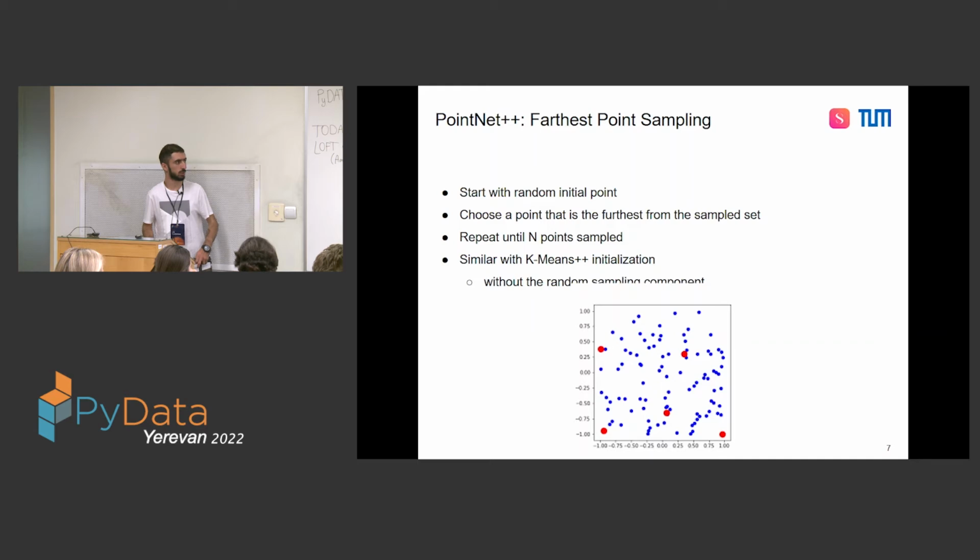And then for the third one, we take the point that has the maximal distance from both of the points taken before, and so on. So why I said it's pretty similar to K-means initialization is it's mainly the same thing, but without any random sampling component which is present in the K-means plus plus initialization.